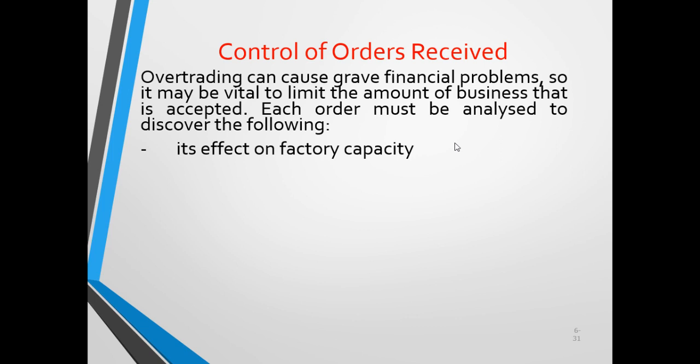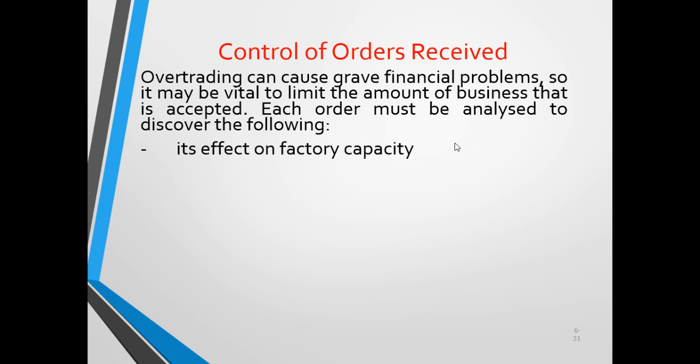If you keep on taking on more orders, that shows you don't have the capacity. Then you might not be able to produce, you might not be able to give the orders to the customers on time. Then they might take legal action against you because you're not delivering on time.